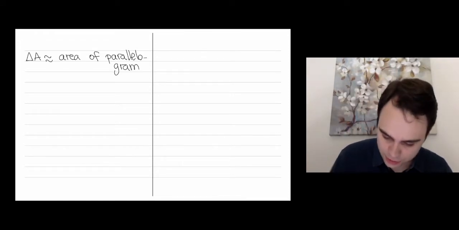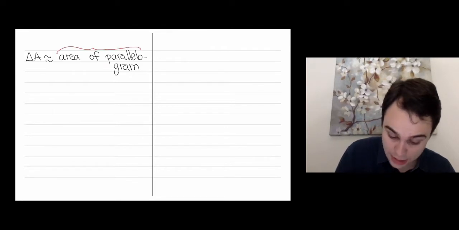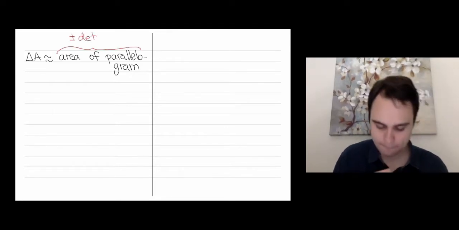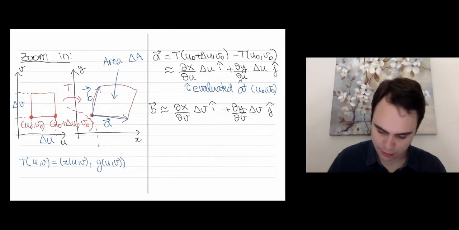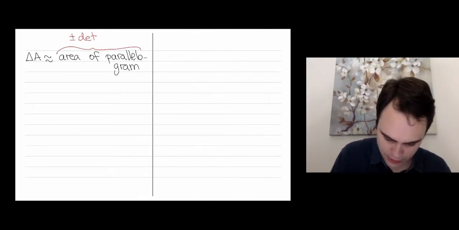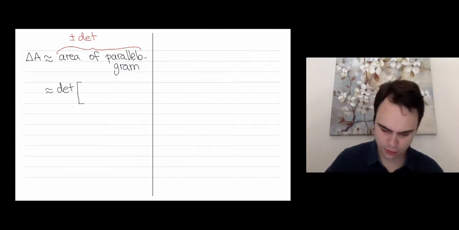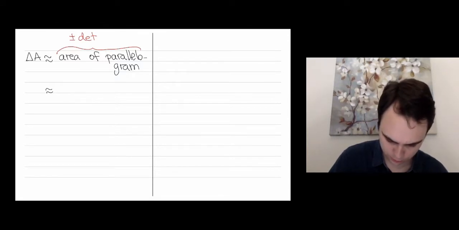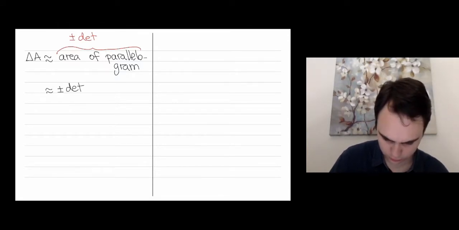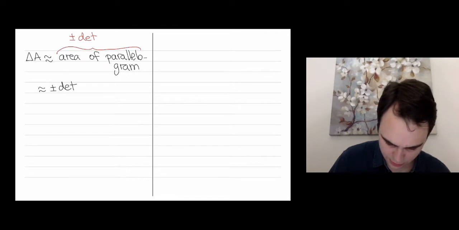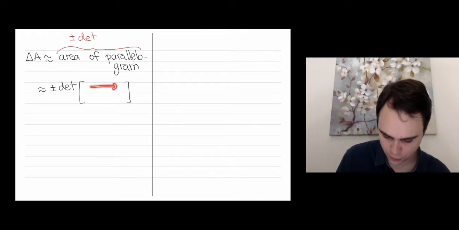Now the area of this parallelogram is plus or minus the determinant of the matrix with rows A and B. So plus or minus the determinant of a 2 by 2 matrix, where A is in the first row and B is in the second row.